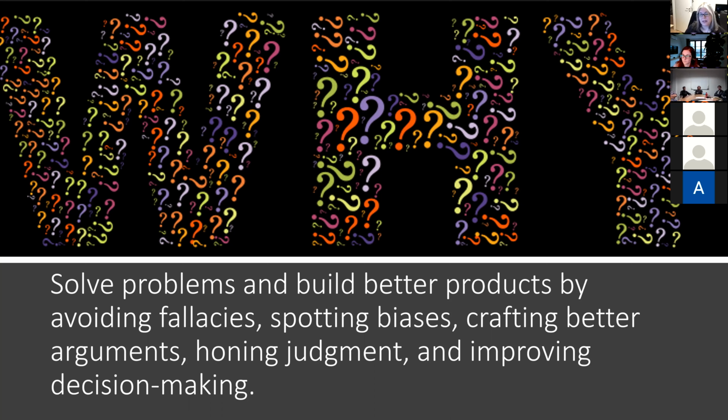Improving decision making is really where critical thinking shines, I think. So we can use ways to spot all of these things that pop up and get in the way as blockers of us being able to think a little bit more logically. As programmers, we tend to think of everything as just a programming challenge or an algorithm.